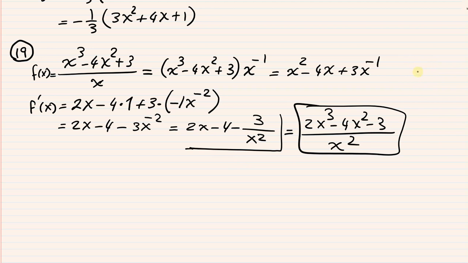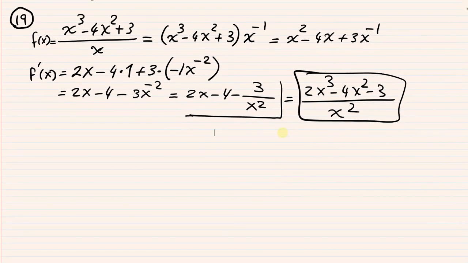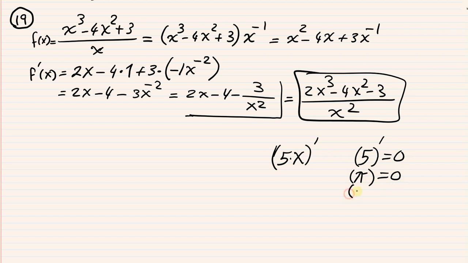Now one thing, let me real quick mention about this constant multiple, because some students have asked me before. They say, well, 5x, let's say I want to find the derivative of that, and well, we know the derivative of 5 is 0. What is the derivative of pi? 0. The derivative of e? 0. These are all constants.